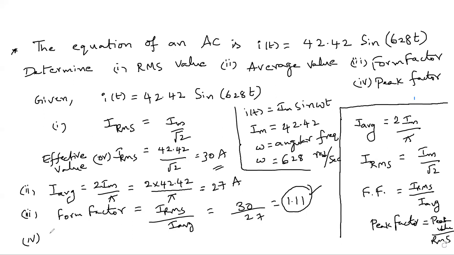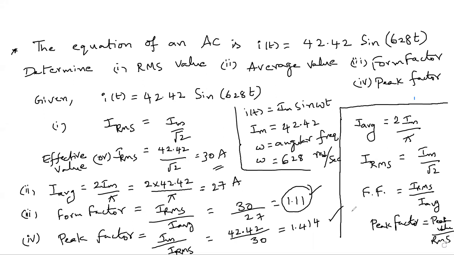So the last one is peak factor. How much is the peak factor value? Im, that is peak value or maximum value, divided by your RMS value. So Im is nothing but 42.42 divided by your RMS, which is 30. So by default, the value we get is root 2, 1.41. Right, very good. Or 1.414.